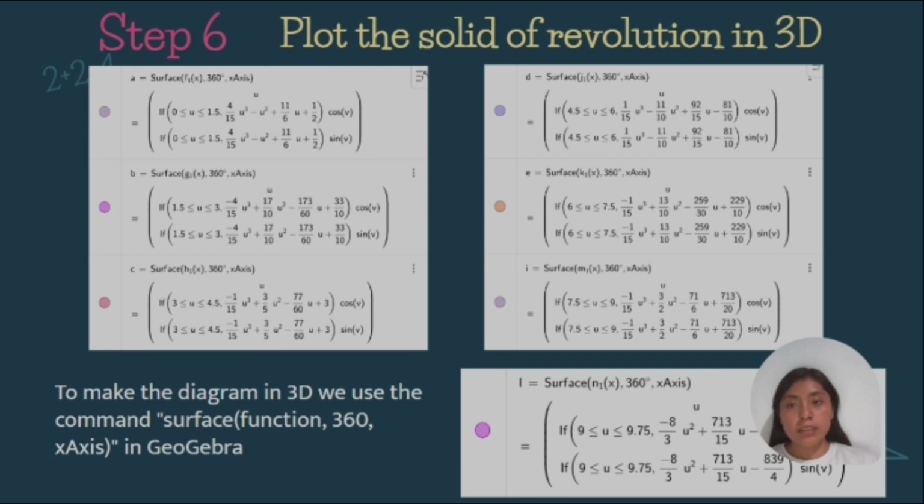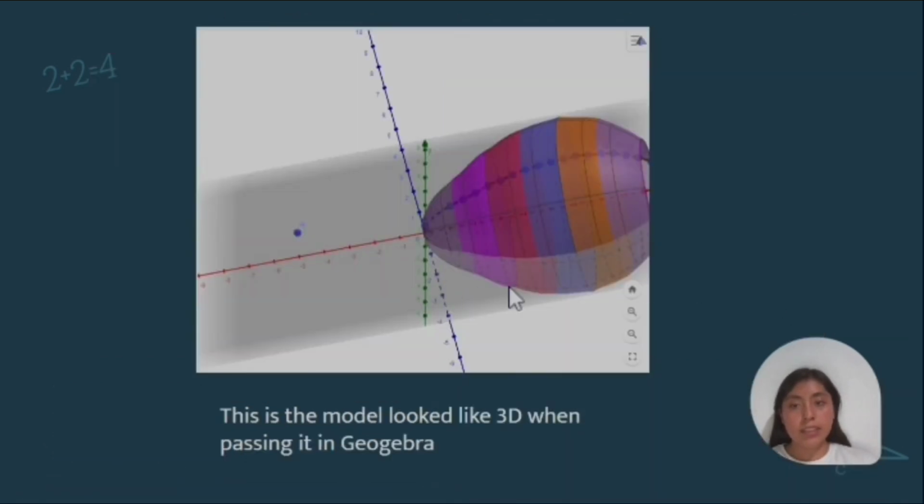In step 6, we make the model in 3D, for which we use this command, the Surface function, to evaluate 360 degrees on its axis. In algebra, this rotates each of the functions on the x-axis, as you can see in this image, with the 360 degrees indicated in the command, and this way we obtain the 3D model, which is this.